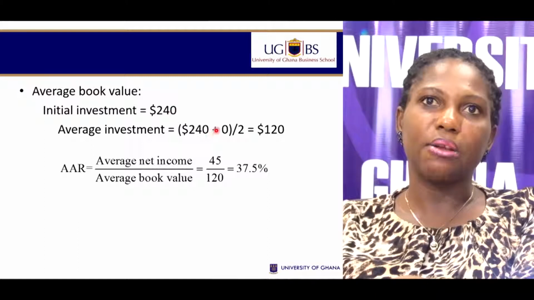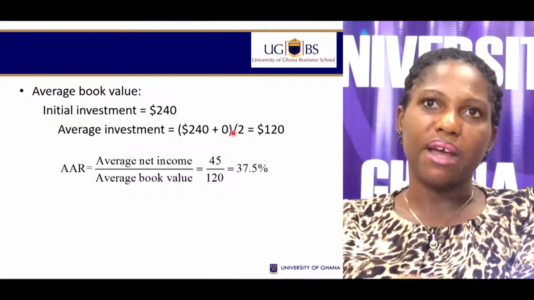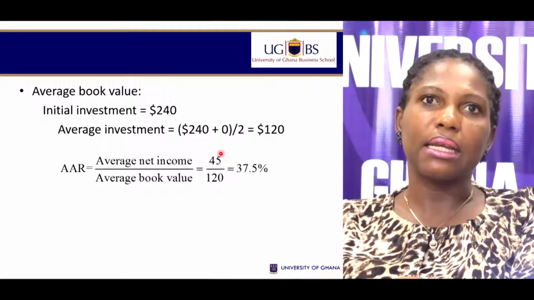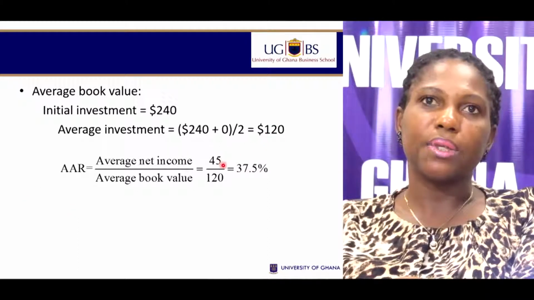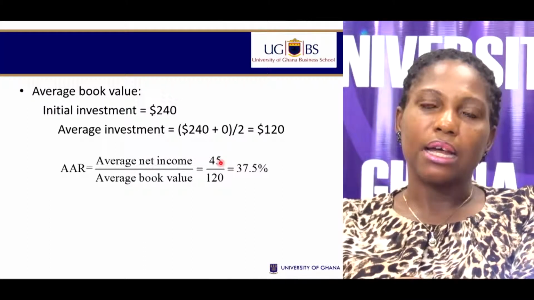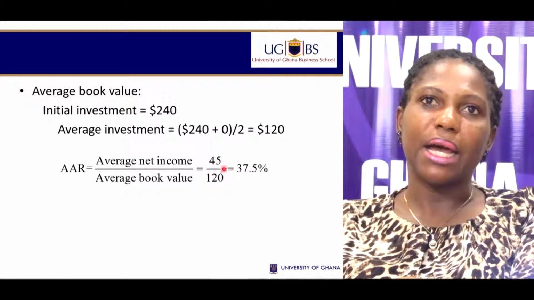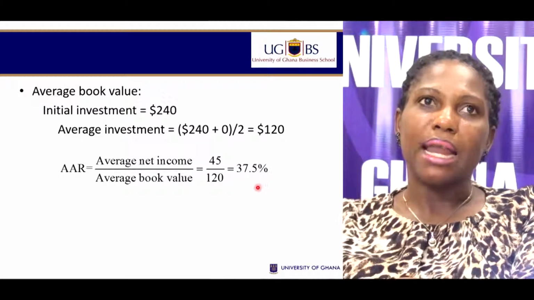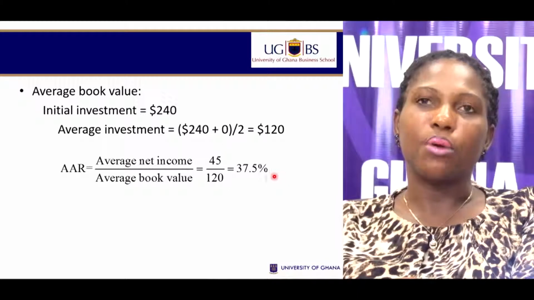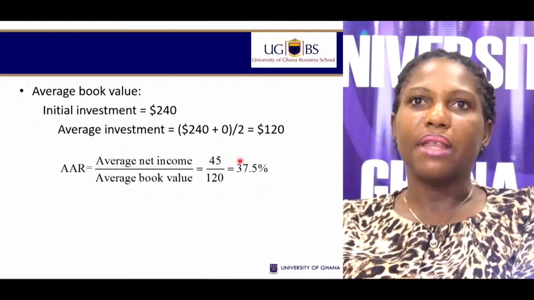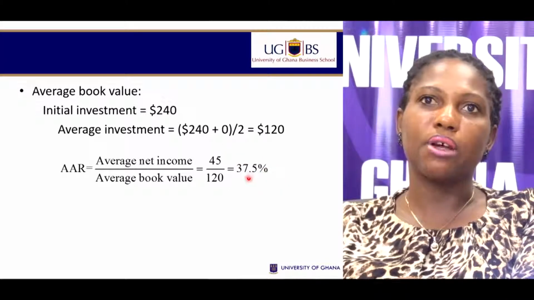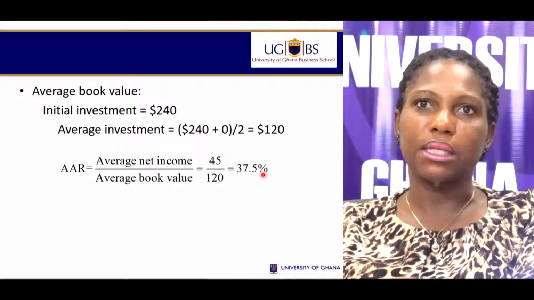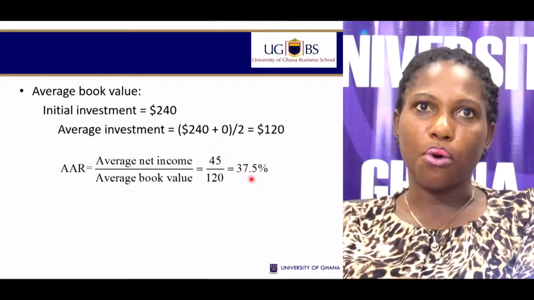So the beginning value plus the ending value divided by 2 tells us the average investment, and then the accounting rate of return is captured as the average annual net income divided by the average book value of investment, and that gives us an average accounting rate of return of 37.5%. Now, if this happens to be higher than the cutoff that has been set by management, then this investment is considered viable and embarked upon.